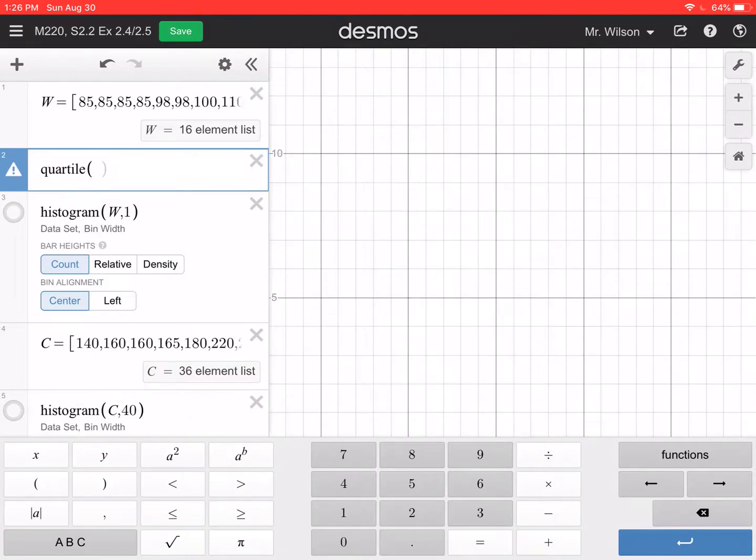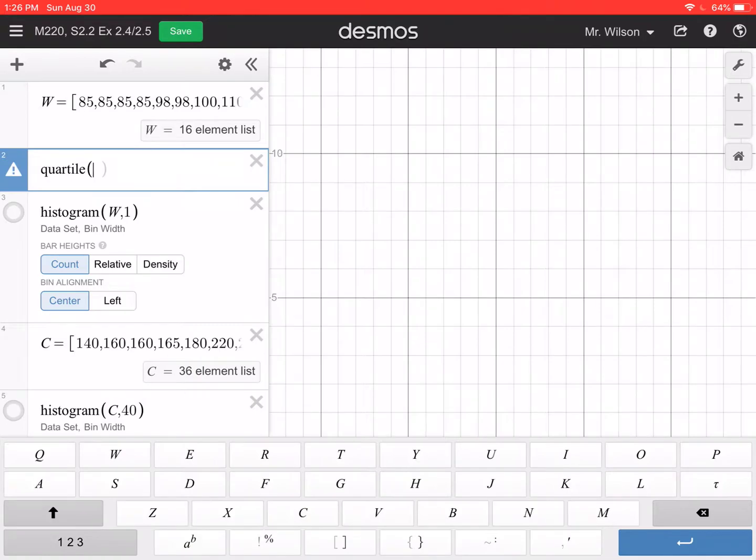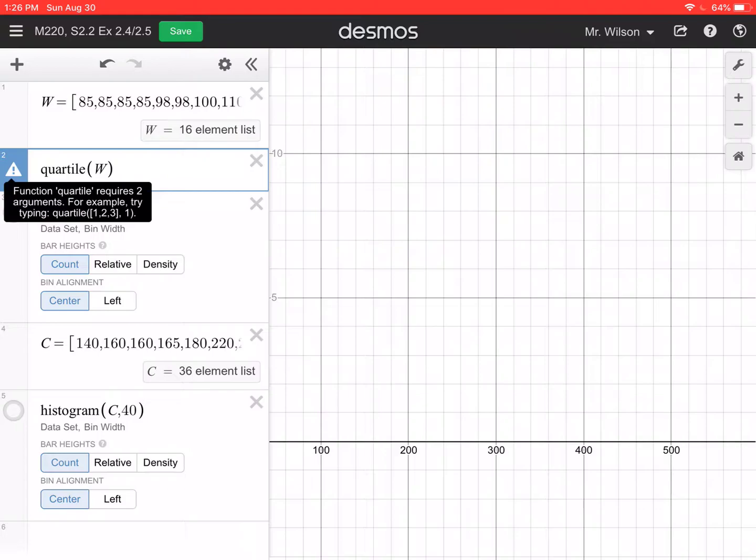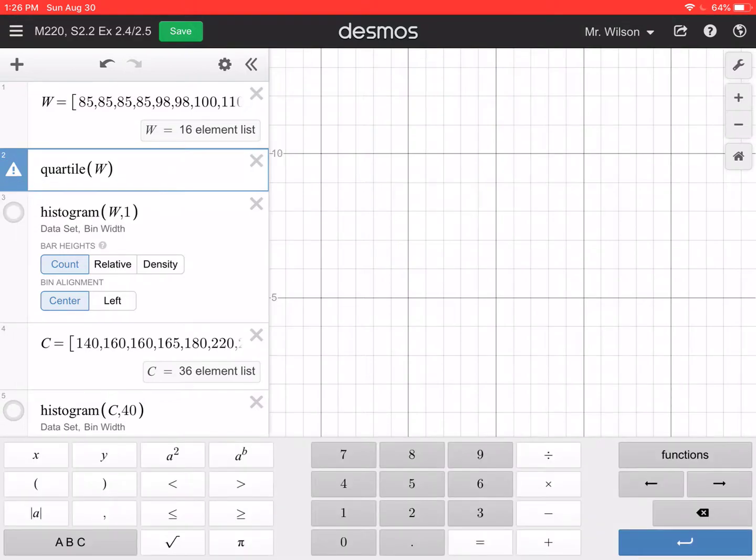Okay, and I'm going to do the quartile of W. And the nice thing about what Desmos does is if I try to close that off, it says, hey, wait a second, there's a problem. Quartile requires 2 arguments. So it needs the data set, and it needs you to tell it which quartile you're using. This is very helpful that Desmos can tell you. That way you know kind of how to set it up.